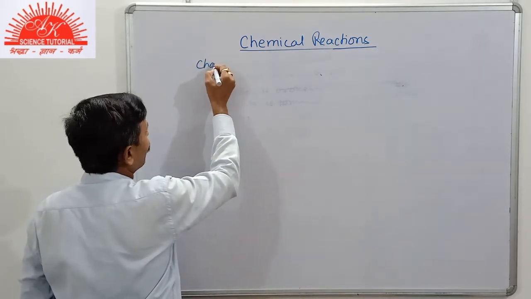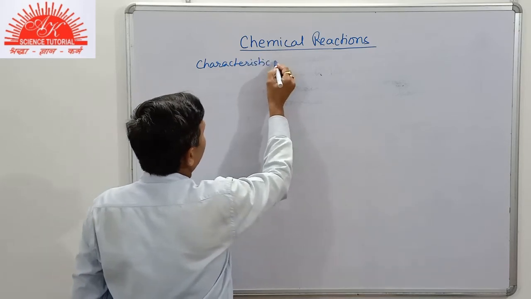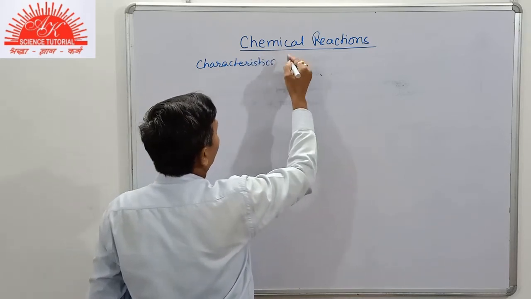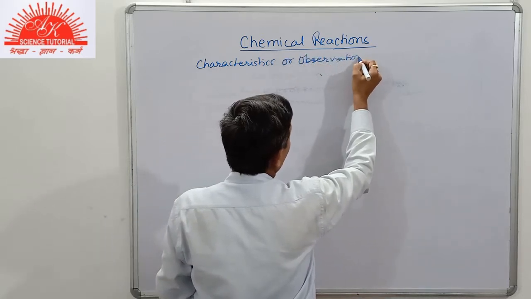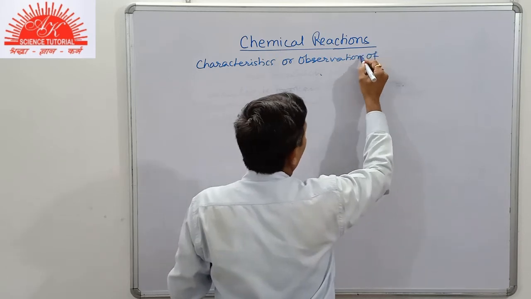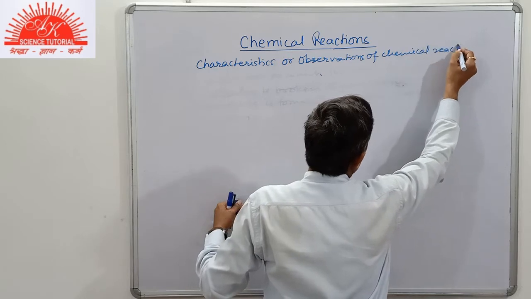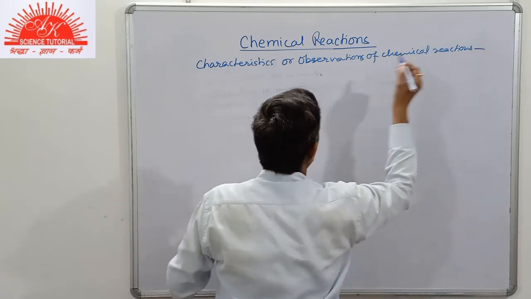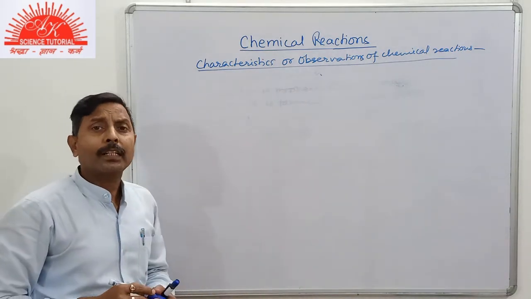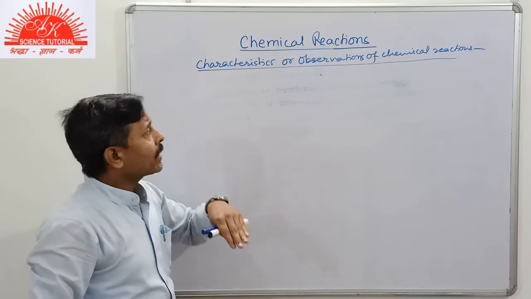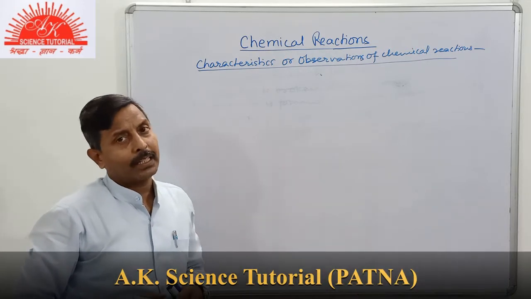So we write here, characteristics or observations of chemical reactions, to confirm that a chemical reaction has taken place.